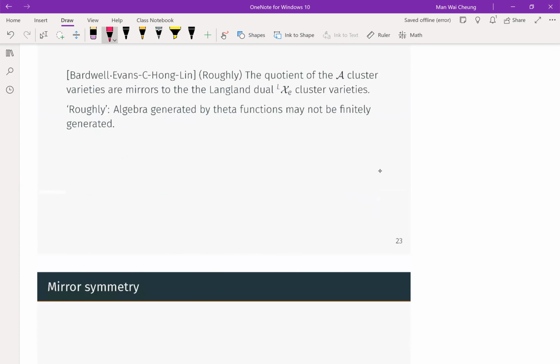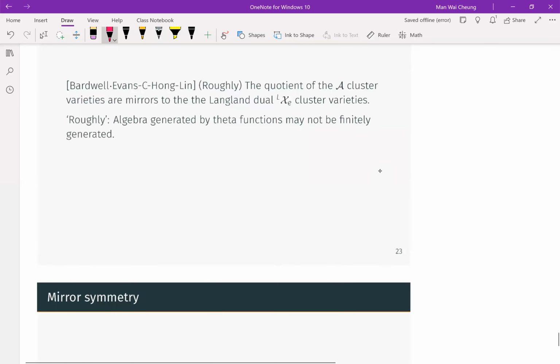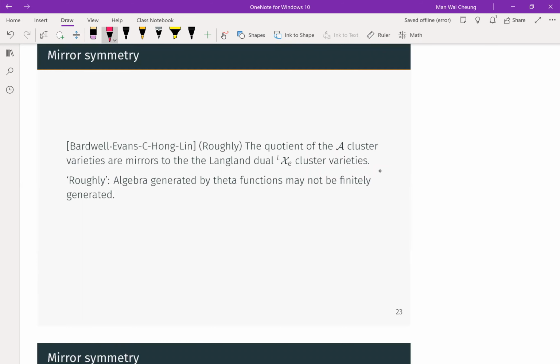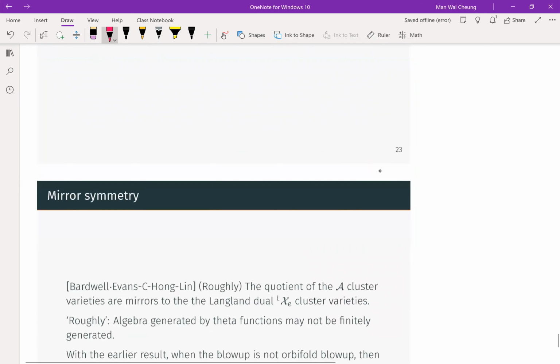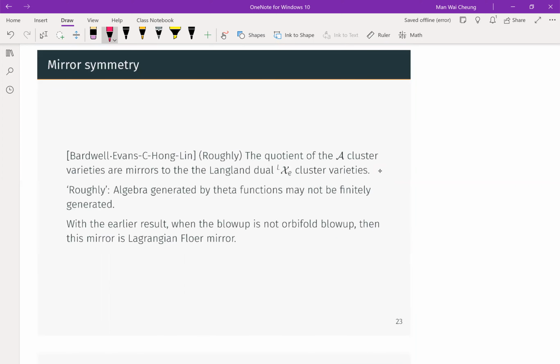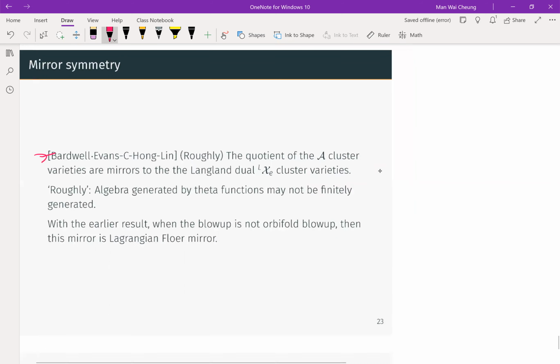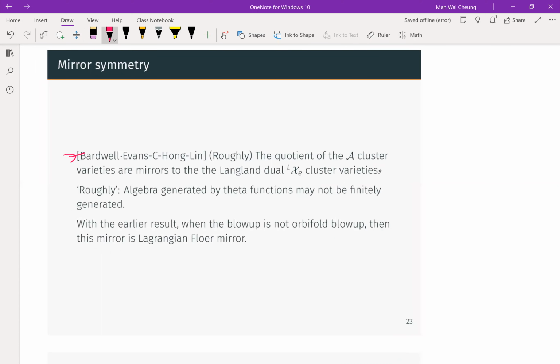We still have a mirror statement because we just have the scattering diagram at the end, and you can see all the construction before is very algebraic. But we can conclude this mirror is also a family. As we said early on, with Hong and Lin, we construct this Lagrangian for the scattering diagram, which is the same as the Gross-Siebert scattering diagram, so we have all the invariants match.